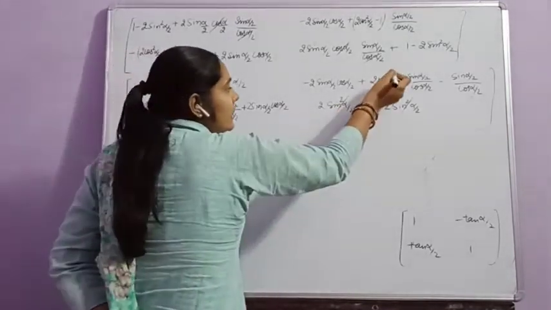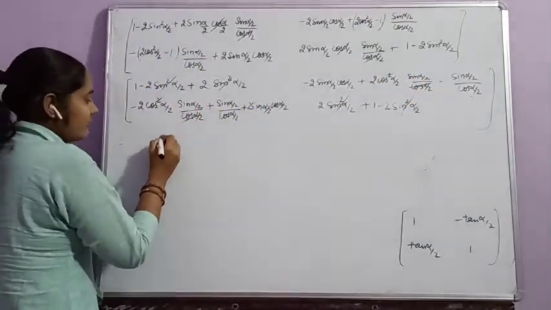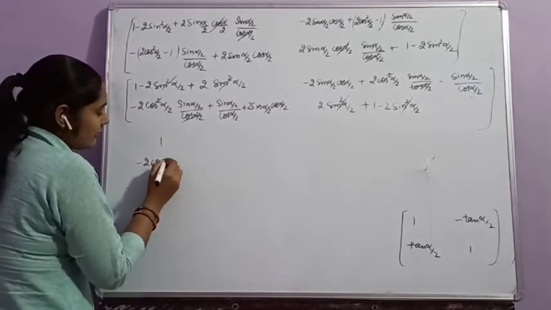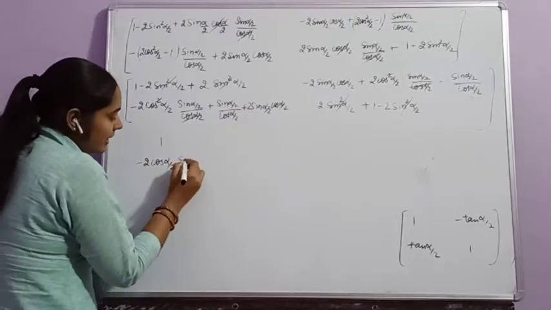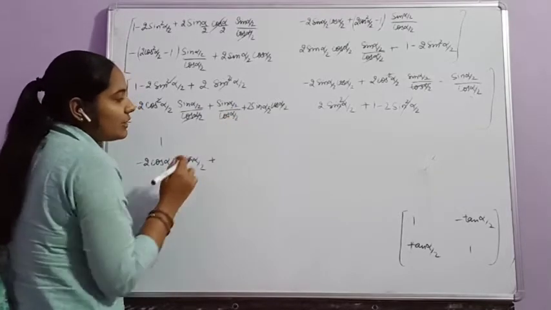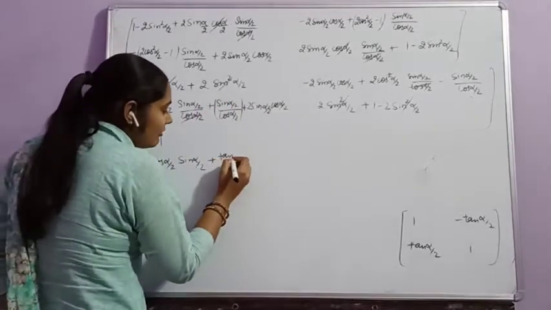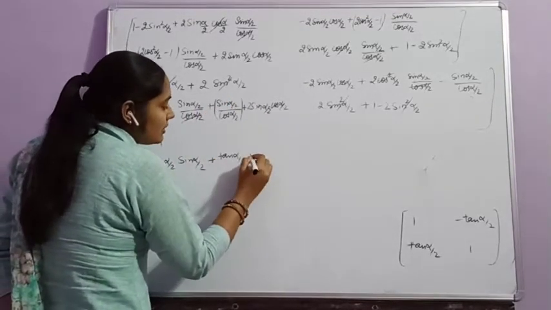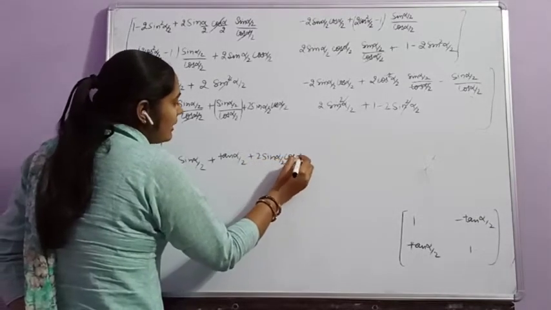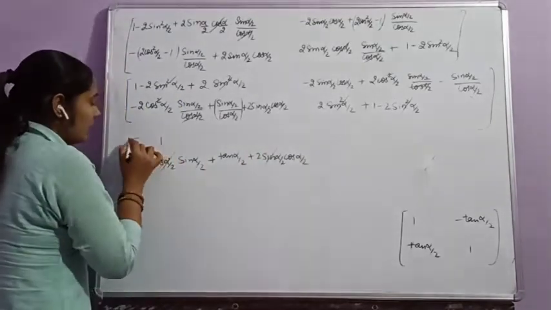Next, here cos alpha by 2 is cancelled out, so it can be written as 1. Next, minus 2 cos alpha by 2 into sin alpha by 2 plus sin alpha by 2 divided by cos alpha by 2 can be written as tangent alpha by 2 plus 2 sin alpha by 2 cos alpha by 2. That is positive, that is negative, so it will be cancelled.